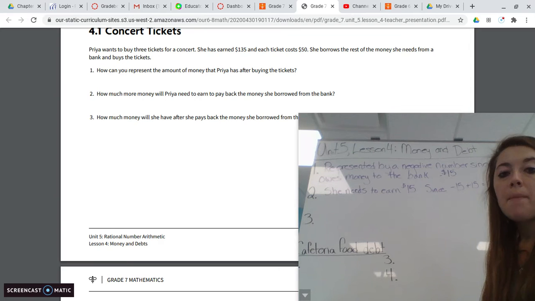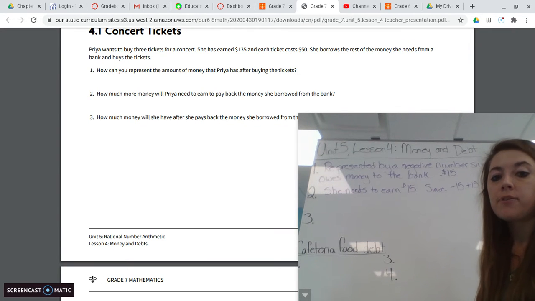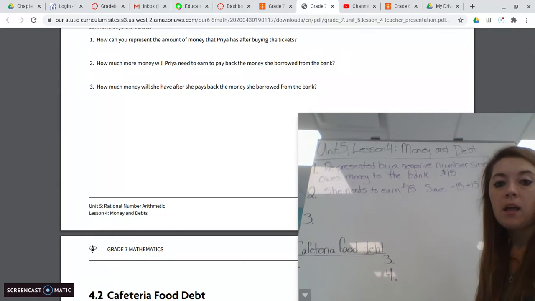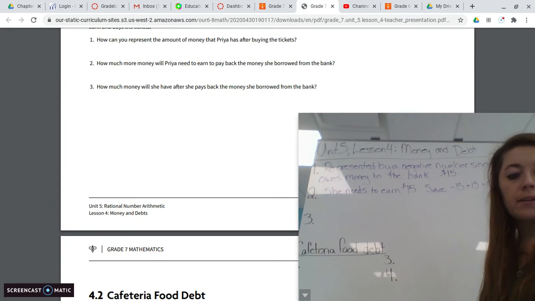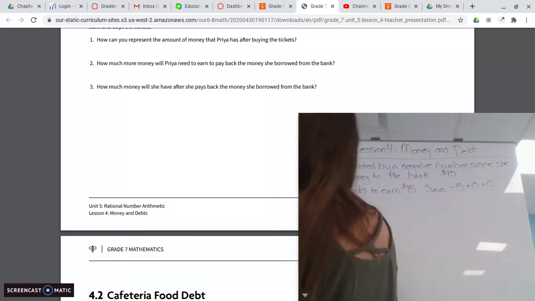All right, number 3, how much money will she have after she pays back the money she borrowed from the bank? Well, we essentially already did that, right? She will have $0.